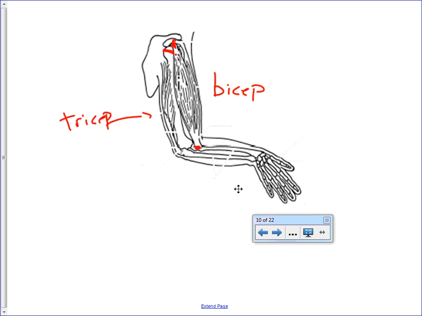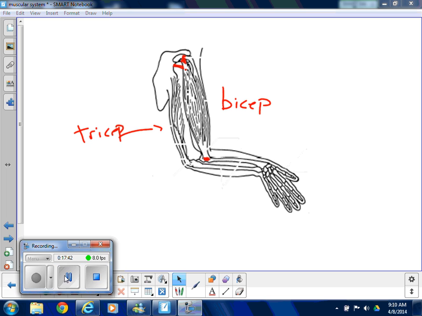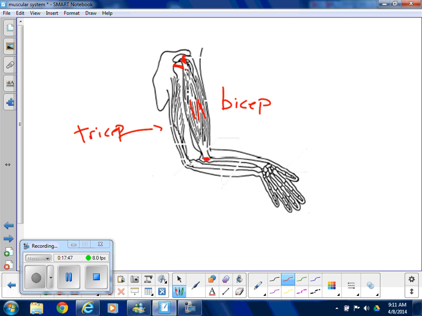And so what I want you to do, put your arm loosely on your bicep and move your arm up. Okay, so you can feel that bicep getting bigger. It gets fatter in the middle as all these fibers contract to move your arm up. The tricep actually moves it down because the tricep is attached here.